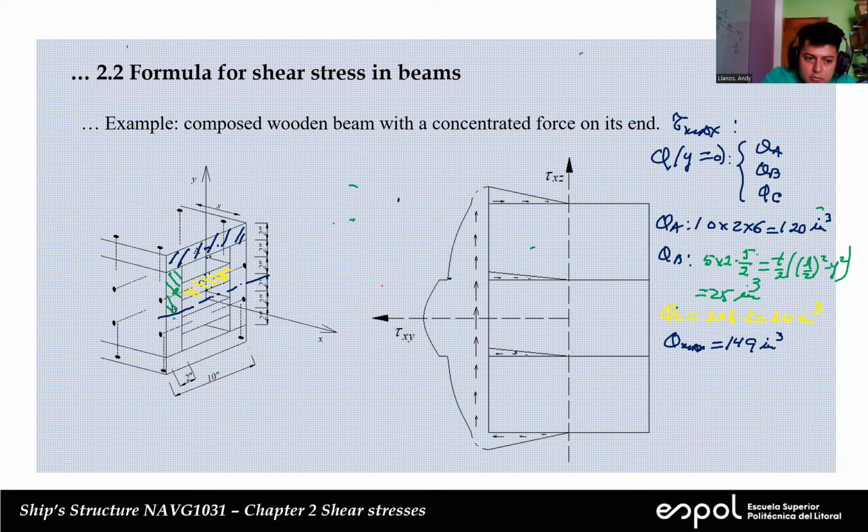Doctor, the Q max, the Q total, or Q max? We're going to calculate the Q max because we're interested in the tau max. I can see the Q max is 169.